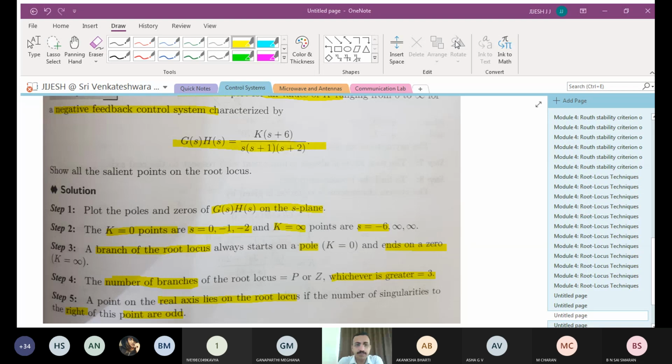Have you all completed till step 5? Yes, sir. Okay, you can proceed further.